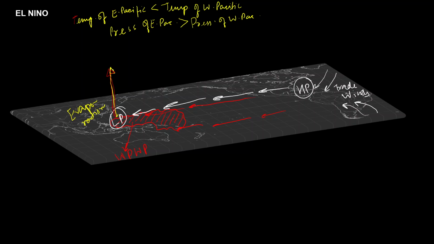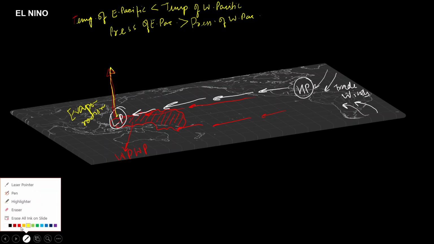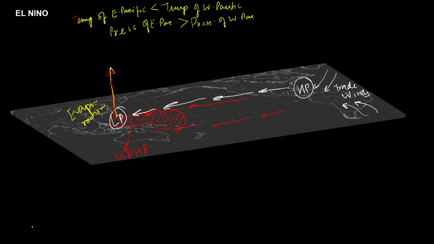So these winds start to rise, and these moisture laden winds start doing rainfall over the Western Pacific region. Extensive, heavy rainfall happens, so much so that the Indonesian archipelago and islands suffer floods.